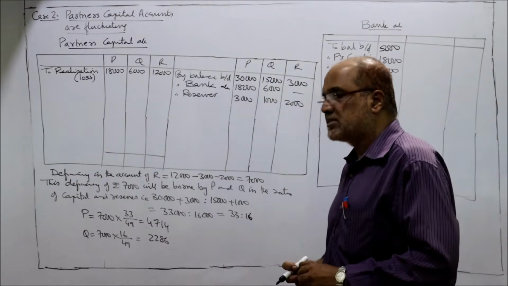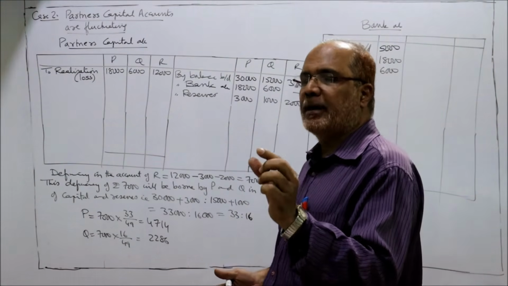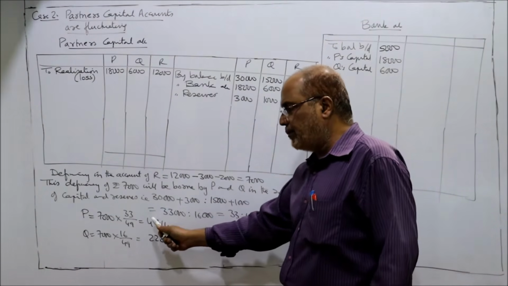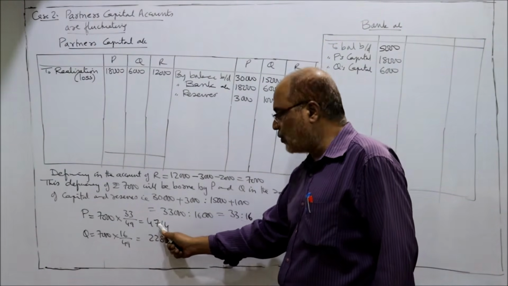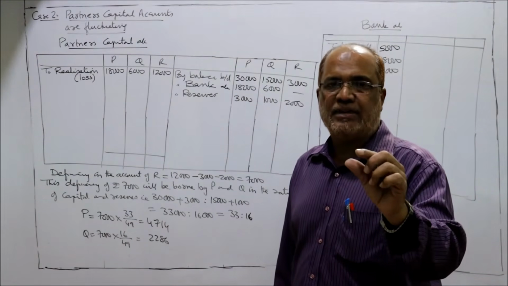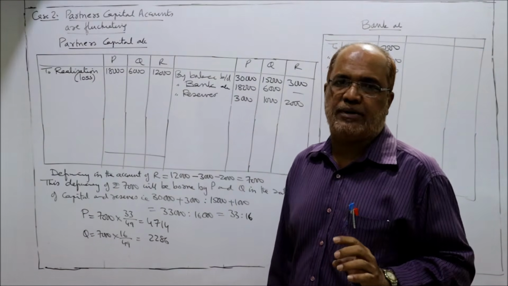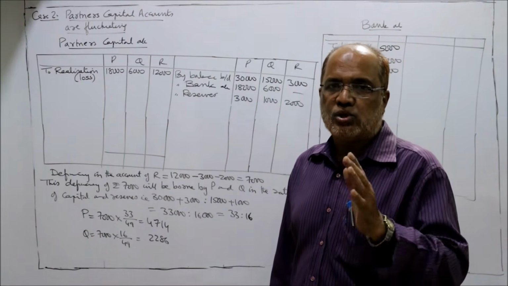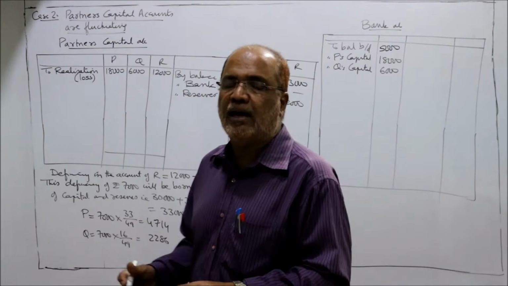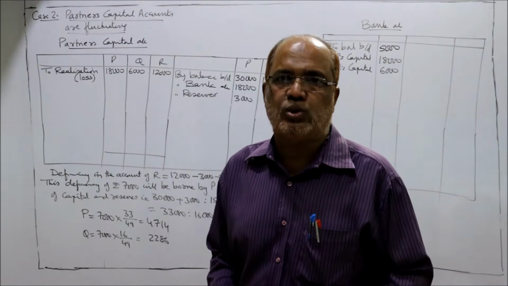This is the partners' share of the loss on deficiency. The deficiency loss of 7,000 will be borne by P and Q as 4,714 and 2,286. The entry will be P's capital account debit, Q's capital account debit to R's capital. So we debit the solvent partners and credit the insolvent partner. By passing this entry, the insolvent partner's account will get closed.